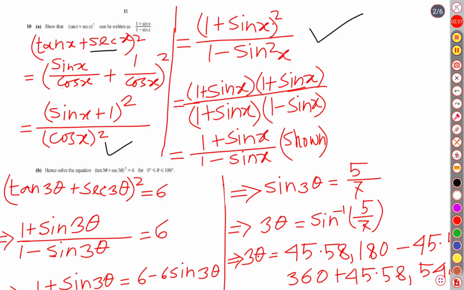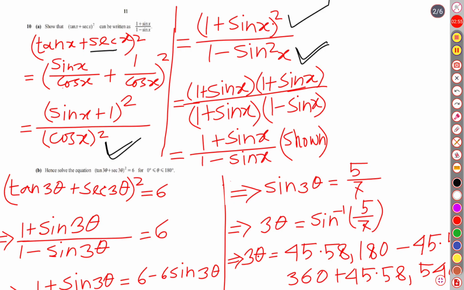Look at this. Initially (1 plus sin x) whole square over cos square x. We know that cos square x is equal to 1 minus sin square x, so instead of cos square x, we have written 1 minus sin square x. In the numerator, it's (1 plus sin x) whole square, which means (1 plus sin x) into (1 plus sin x), the same quantity written two times.